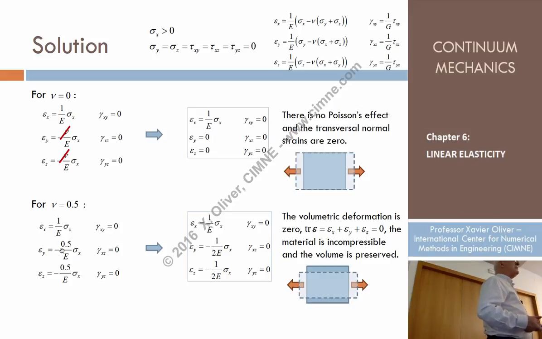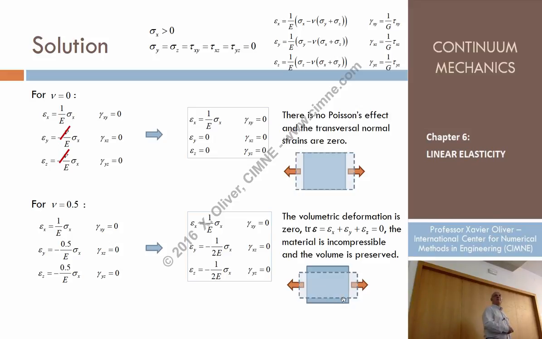So there is no volumetric deformation. That means that the volume is kept the same. In other words, the volume that, so to speak, we gain here is the same that we lose in the other directions. So the material behaves incompressibly. There is no change of volume, that means that the material is incompressible.